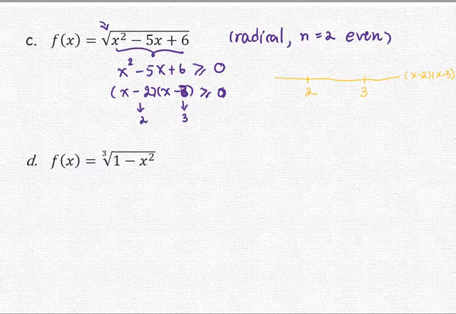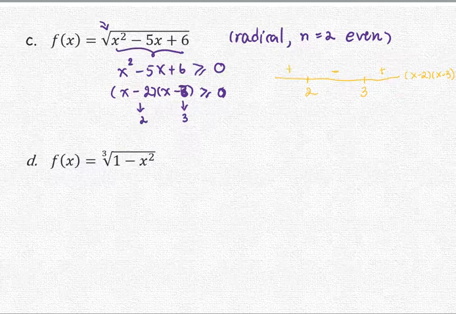If you pick a number greater than 3, for example, 4 minus 2 is 2, 4 minus 3 is 1. So the product is going to be positive inside. You pick a number between 2 and 3. Greater than 2, the first factor is going to be positive inside, and the next is going to be negative. The product will be negative, and this is positive.